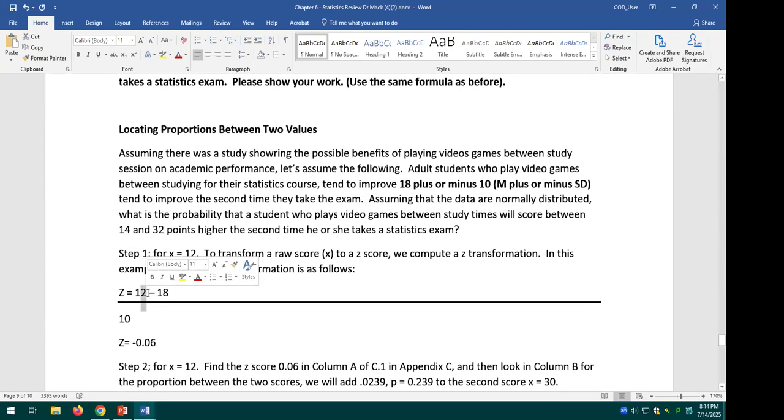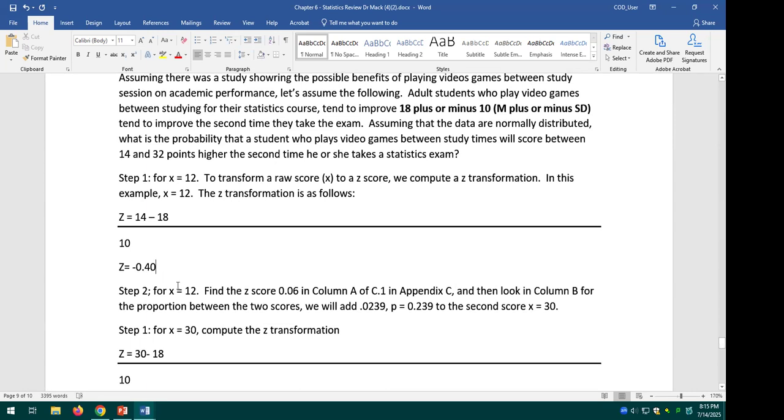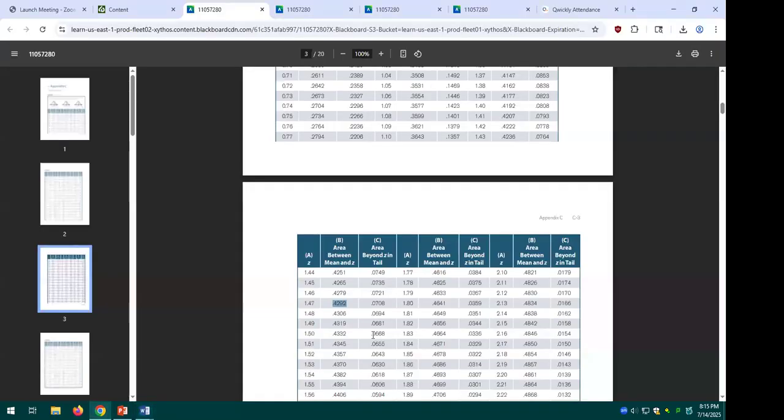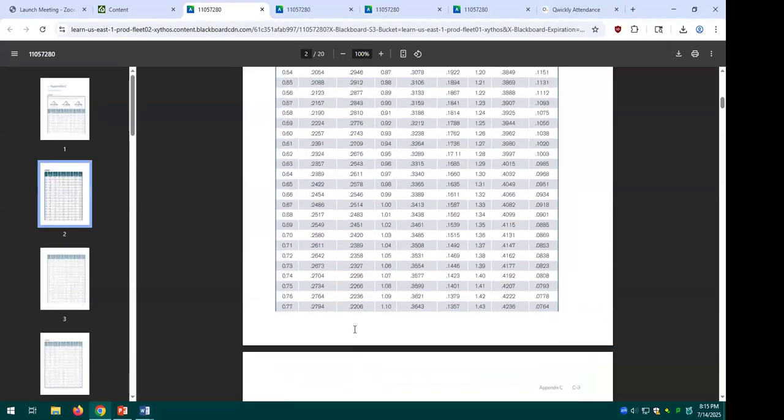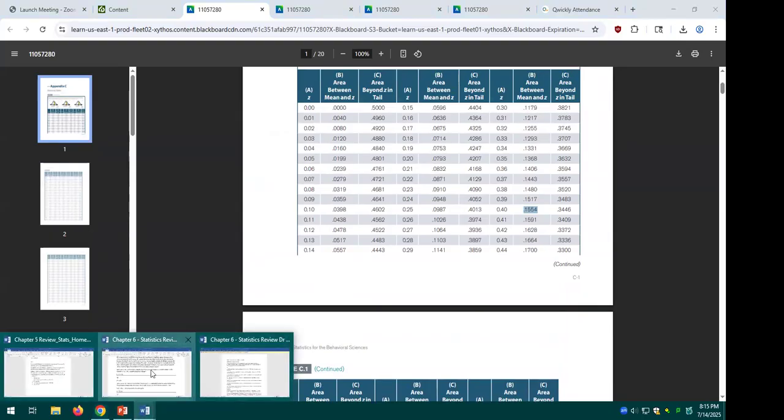So this is going to be 14 minus 18 divided by 10, which should be what? 14 minus 18 divided by 10. Yeah, 0.4, not 0.04. And then this is going to be x for 14. We're going to cross-reference it to our table. 0.4 is up here. 0.4 is 0.1554. So that's our first proportion.